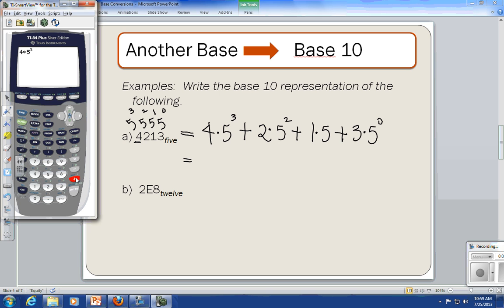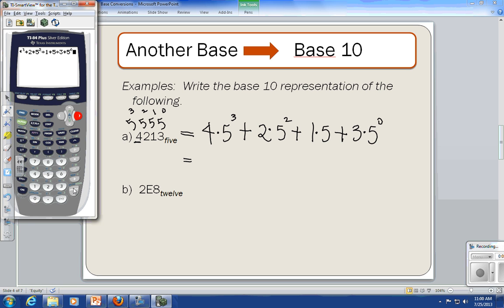So then plus 2 times 5 squared plus 1 times 5. And I could have put 5 to the first if I wanted to. It's the same thing. I probably should have. Plus 3 times 5 to the 0. Now just remember that anything raised to the 0 power is 1.